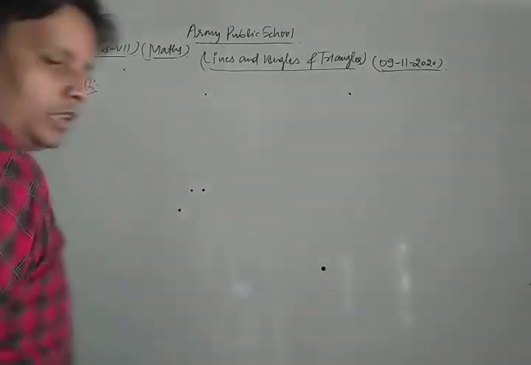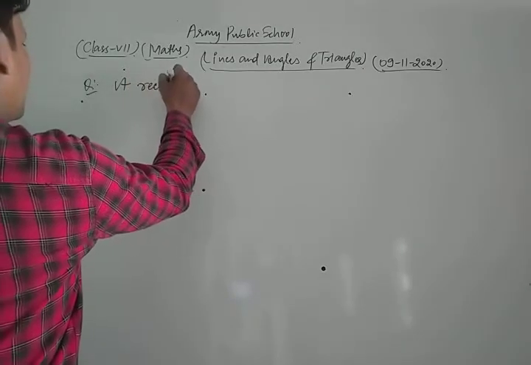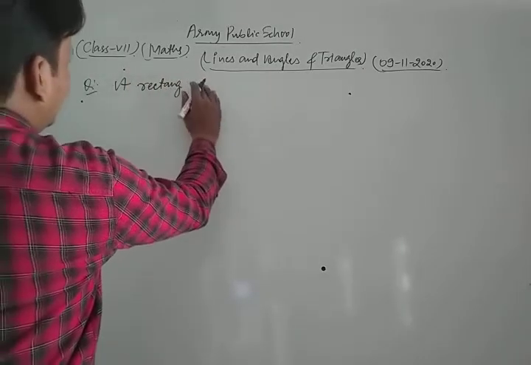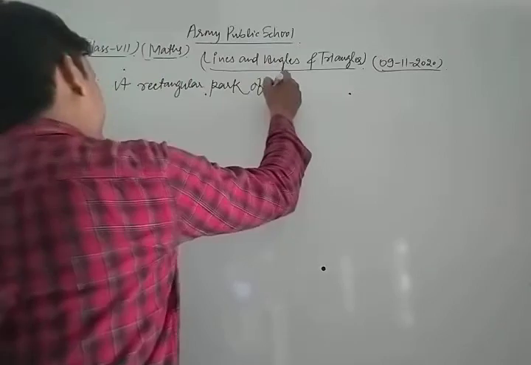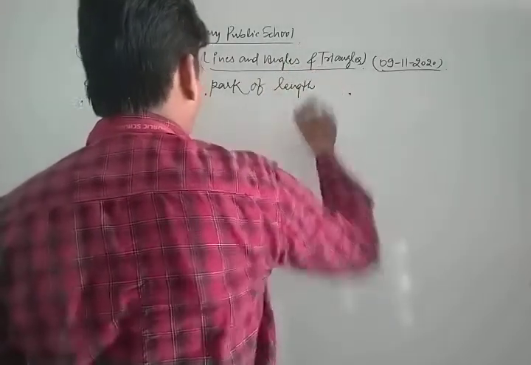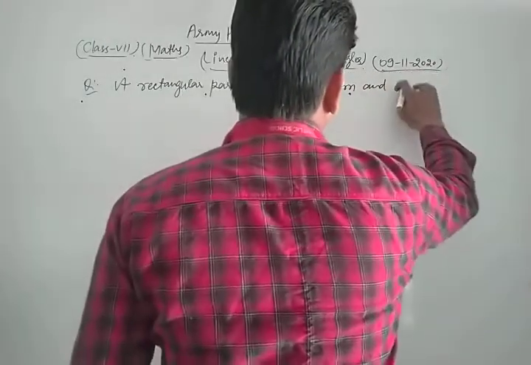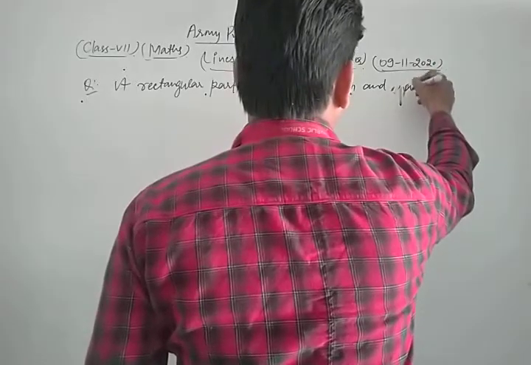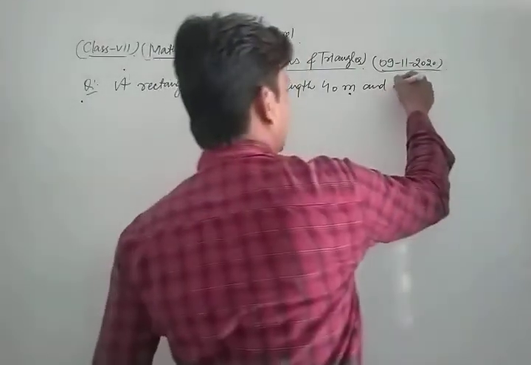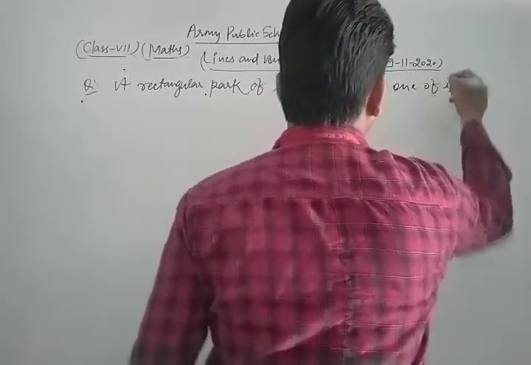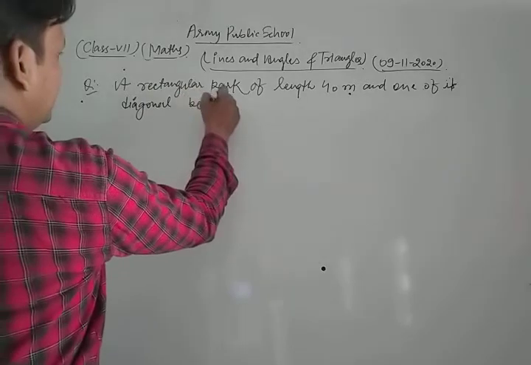Now your question is, a rectangular park of length 40 meter and one of its diagonals be 41 meter.